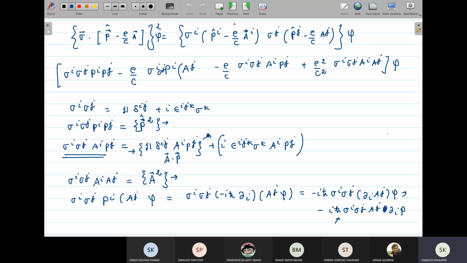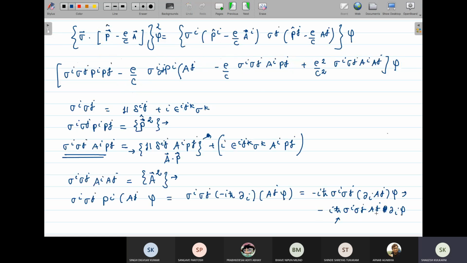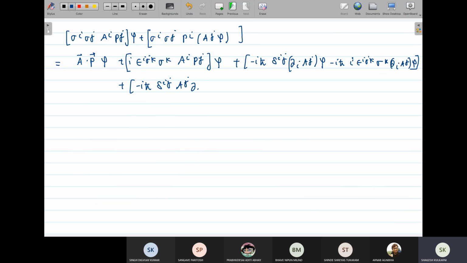Now this term: plus, in bracket, minus i h cross delta ij aj del i acting on phi, minus i h cross, then there will be i epsilon ijk sigma k aj del i acting on phi.